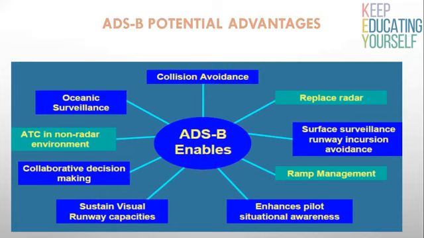Airborne collision avoidance. ADS-B is seen as a valuable technology to enhance ACAS operation. Please refer to our ACAS video. Incorporation of ADS-B can provide benefits such as decreasing the number of active interrogations required by ACAS, thus increasing effective range in high density airspace.